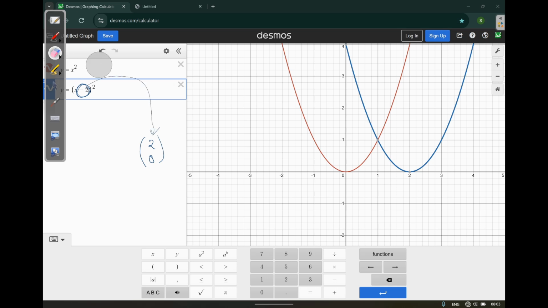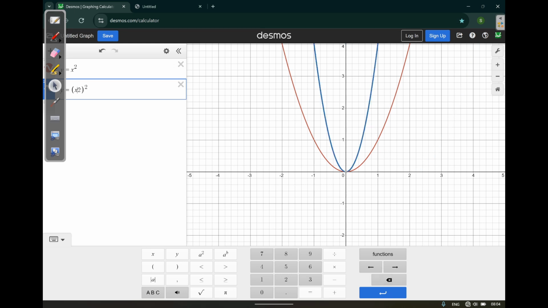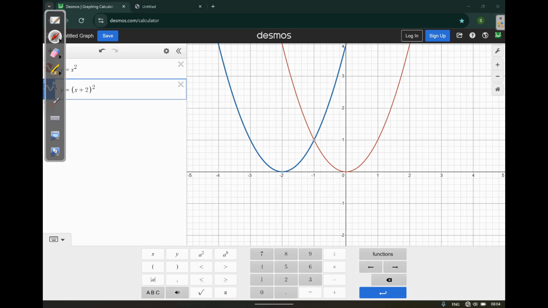You see that? Now suppose I put plus 2 here. What shall we get? It moves to the left, and therefore the translation vector is going to be (-2, 0), because it has moved to the left. I hope that makes sense.